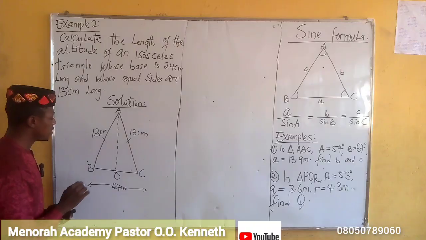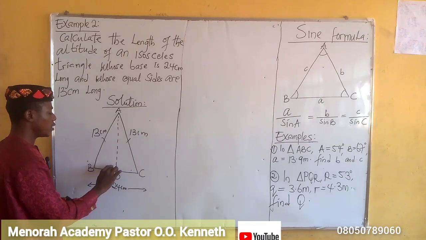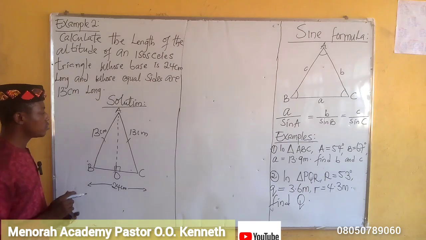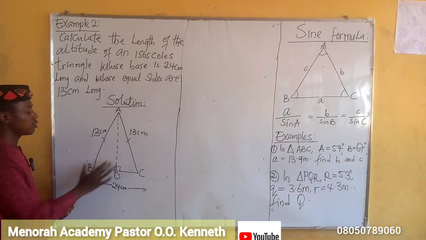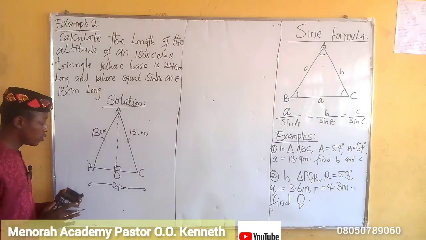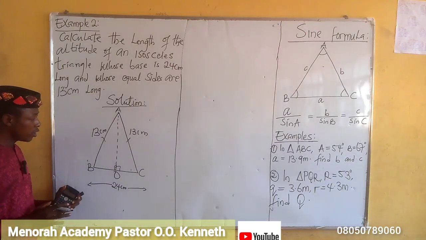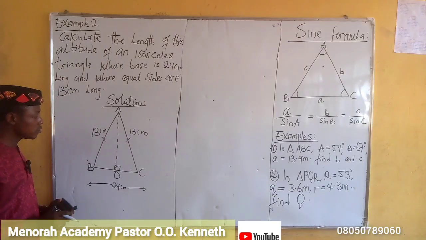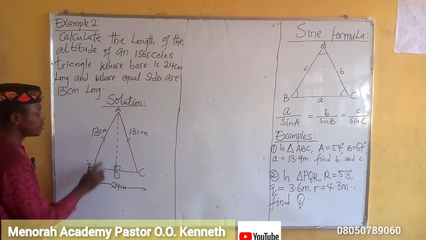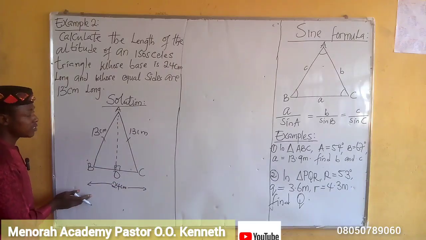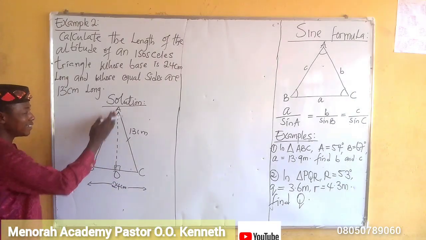Now, how do we get the altitude, which is the height? We have two right angle triangles in this shape, so we can actually find the altitude. If this place is 13, here is 13, and here is the base, and this is the height.